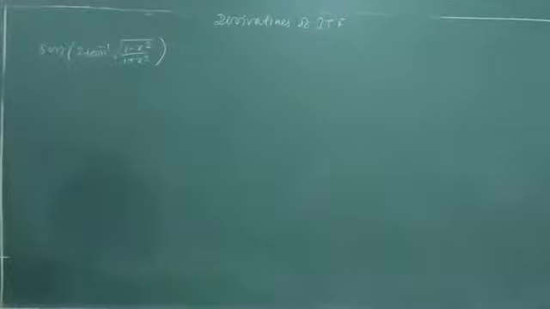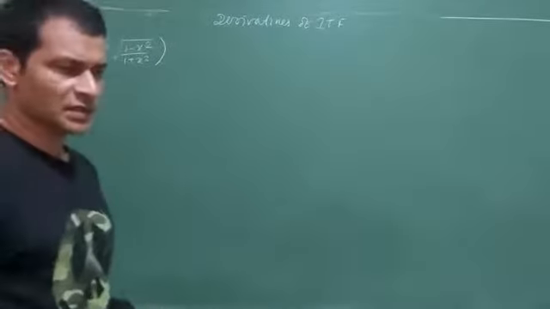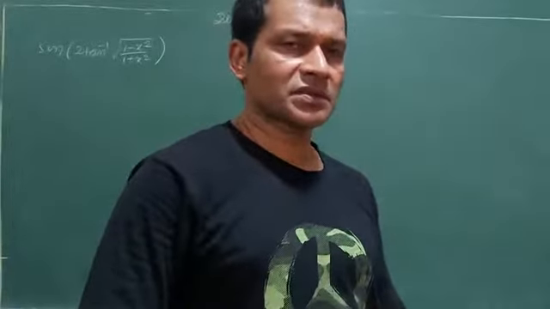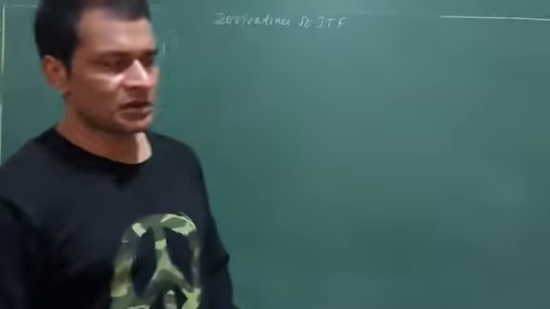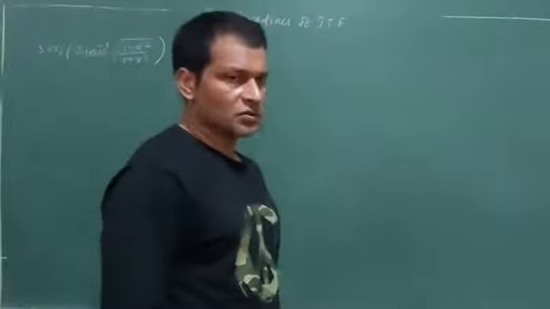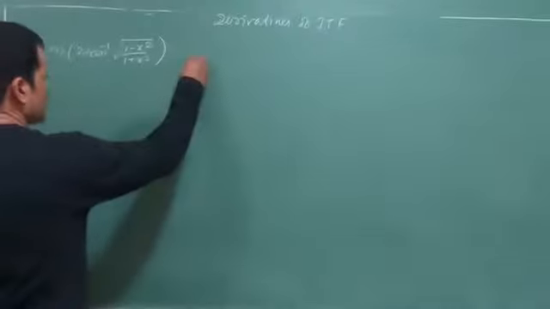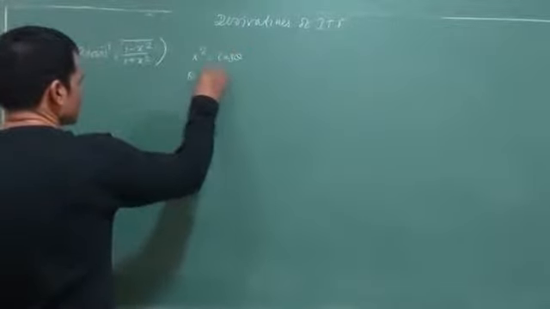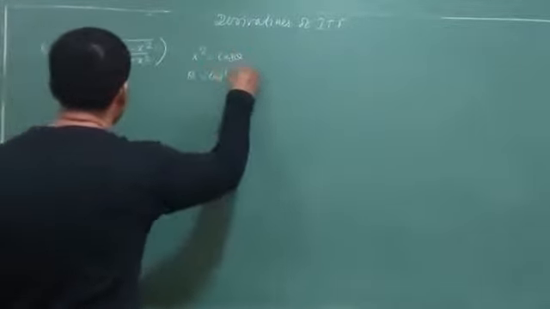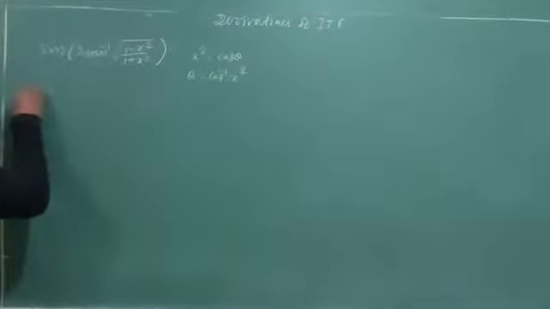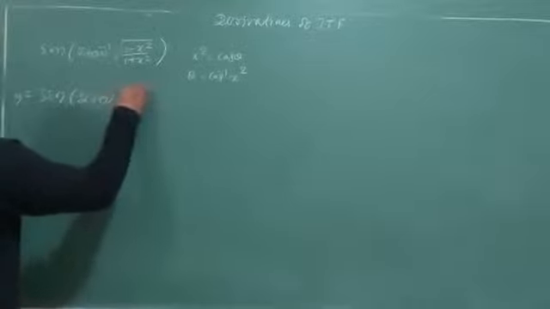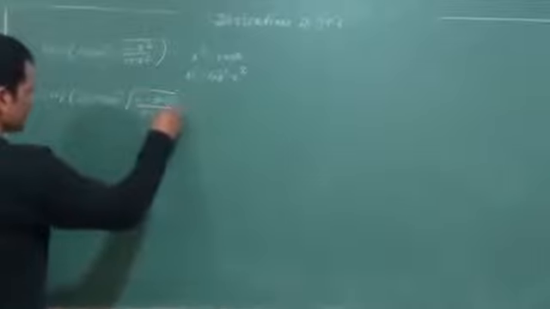What I have told you: whenever you get under root 1 minus x by 1 plus x, or 1 plus x by 1 minus x under root, or 1 minus x square by 1 plus x square, you can take x square equal to cos theta here. So theta is equal to cos inverse of x square. So what I do here: y is equal to sin of 2 tan inverse under root 1 minus cos theta by 1 plus cos theta.